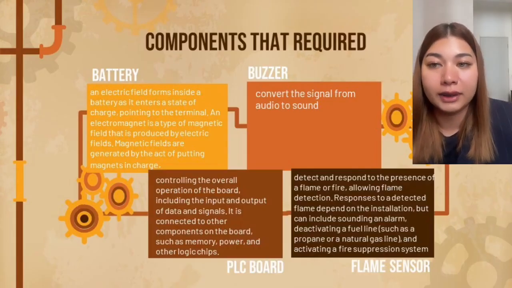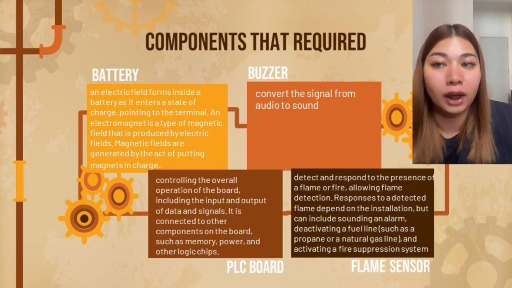Okay, now for the application, the components that are required. Okay, first, battery. A battery has an electric field inside it as it enters a state of charge, pointing to the terminal. And an electromagnet is a type of magnet whose magnetic field is produced by electric current. Magnetic fields are generated by the act of putting charge in motion.